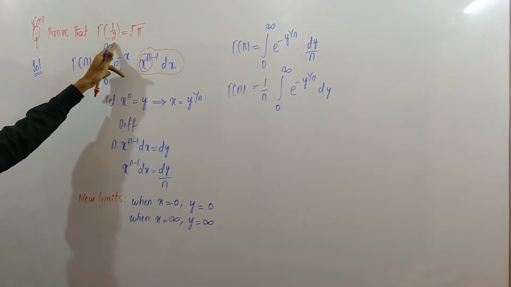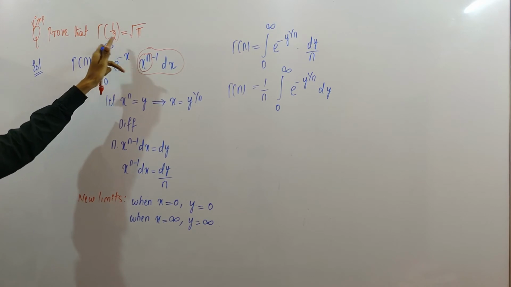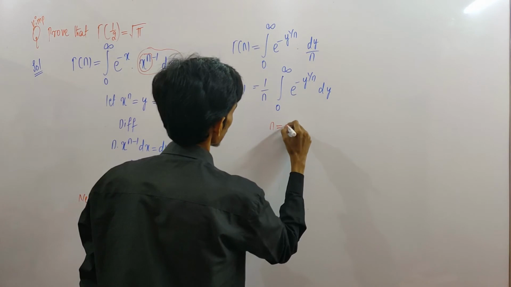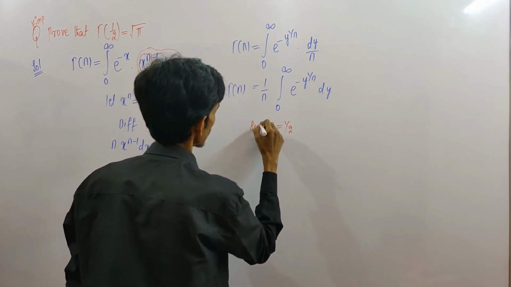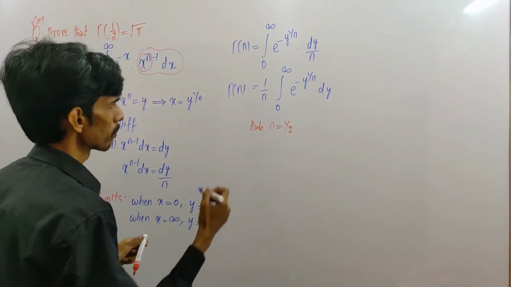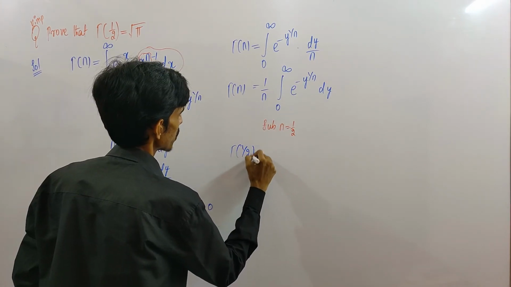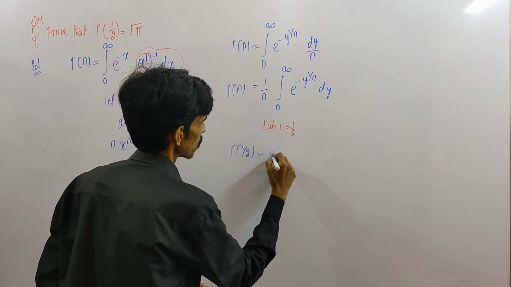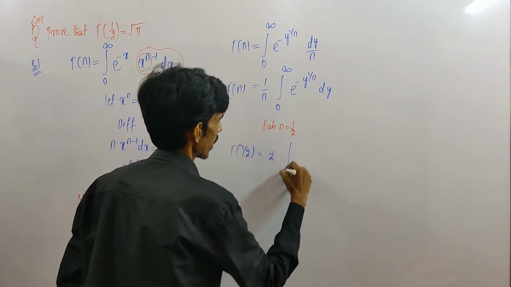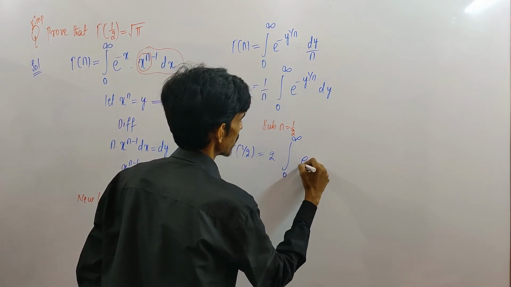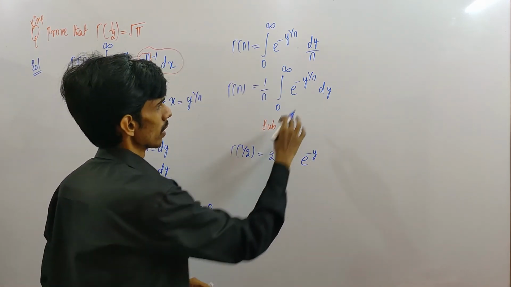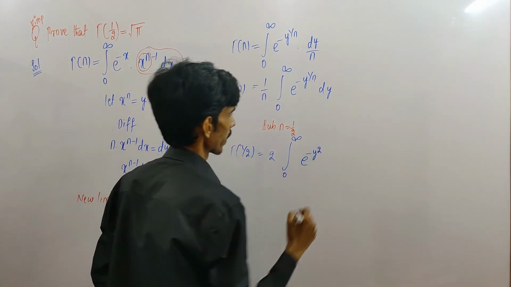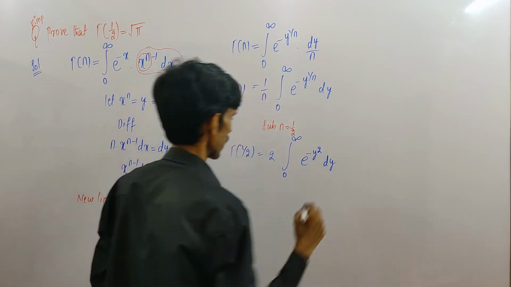Here we want gamma of 1 by 2. So in place of n we have 1 by 2. Substitute n equal to 1 by 2 here. We have gamma of 1 by 2 is equal to, here n value is 1 by 2, so 1 by n value is 2. Integral 0 to infinity e power of minus y, 1 by n value is 2 only, so this will become y square dy.